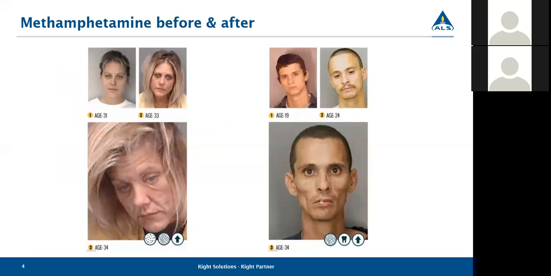Methamphetamine before and after. In the pictures on the left side, the lady at age 31 appears to be just like the normal neighbor next door. However, in less than 2 years, meth has done its turn, and by age 34, she seems like a lost soul.